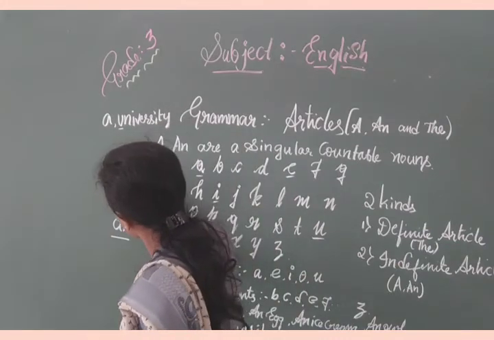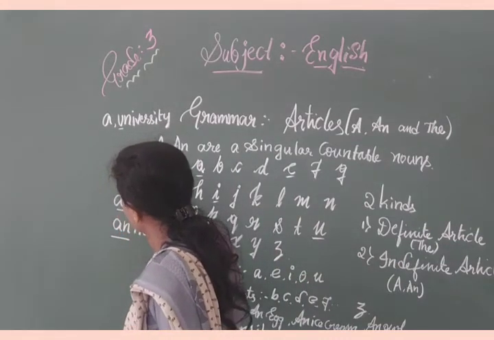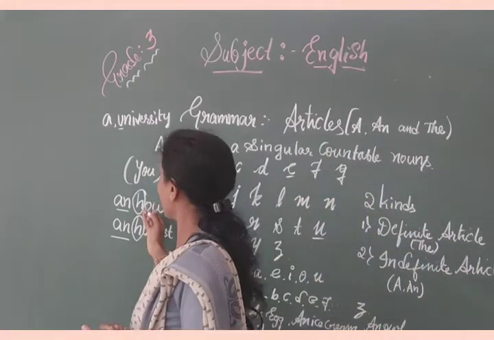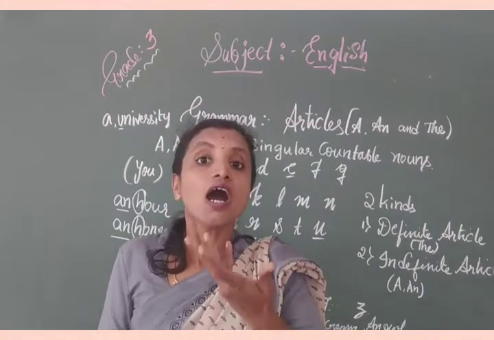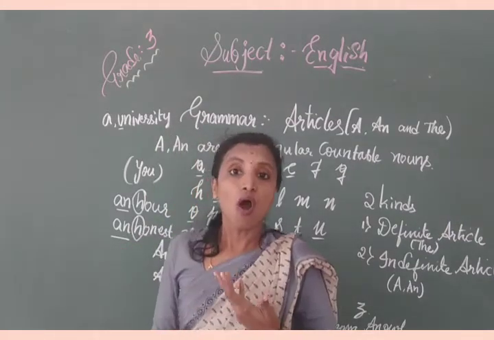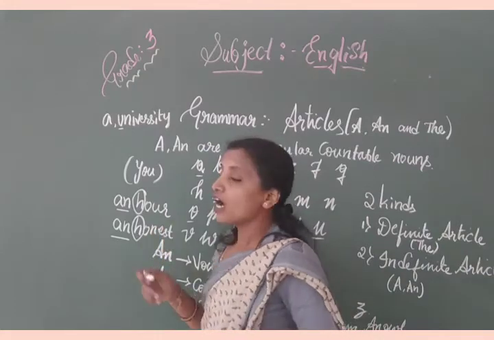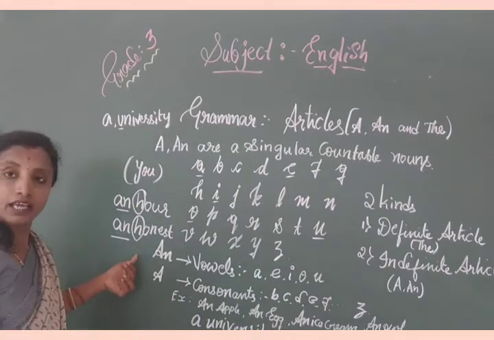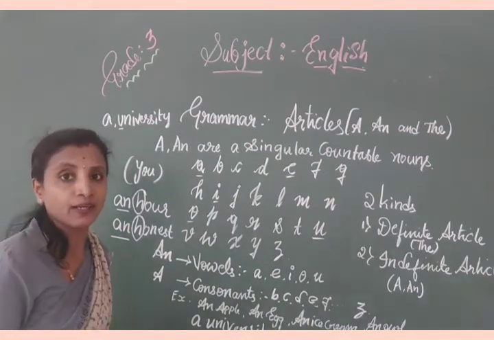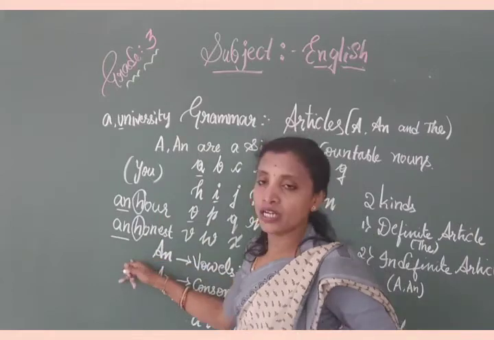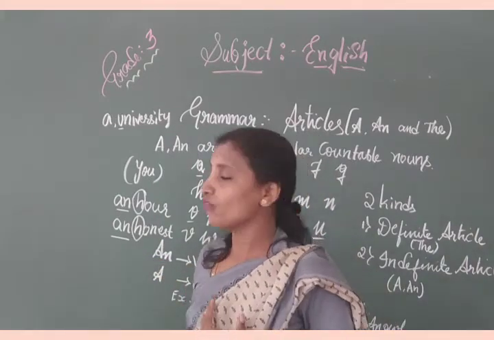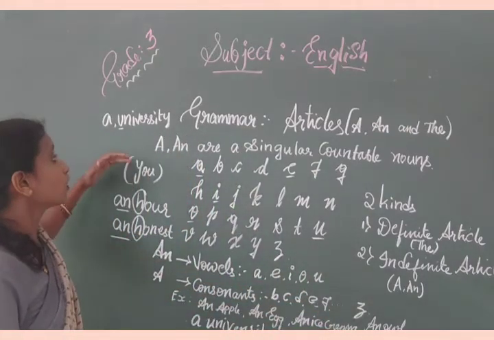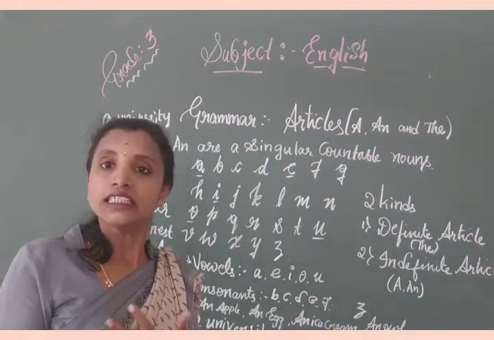Note, H is a silent letter and I am pronouncing it as 'our'. Honest. So it sounds like a vowel. Although it is a consonant, it sounds like a vowel. So I am using an. Except in these cases, we are not interchanging a and an.